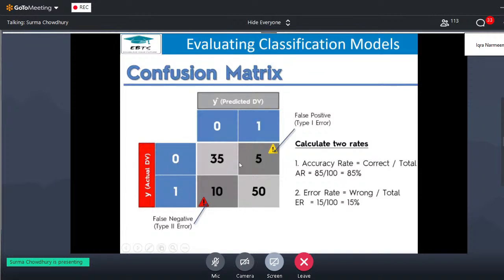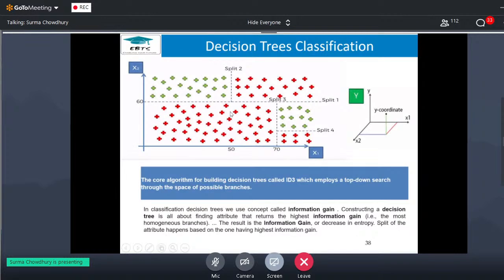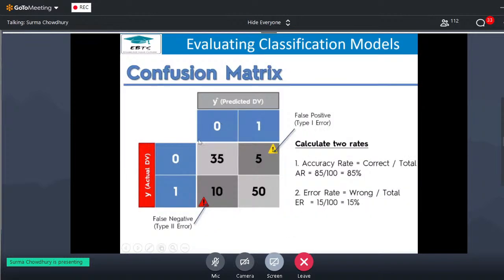Now you will see there are 35 samples out of 100. If you remember, there were 100. There were 35 samples where the predicted and actual value are both 0. That means the actual value is not going to buy the car, and the prediction is also not going to buy the car. This is absolutely correct.